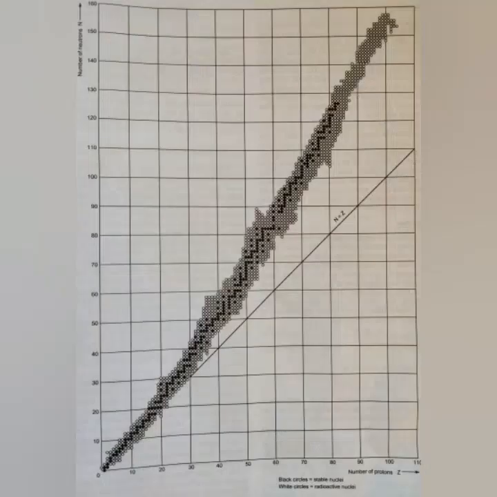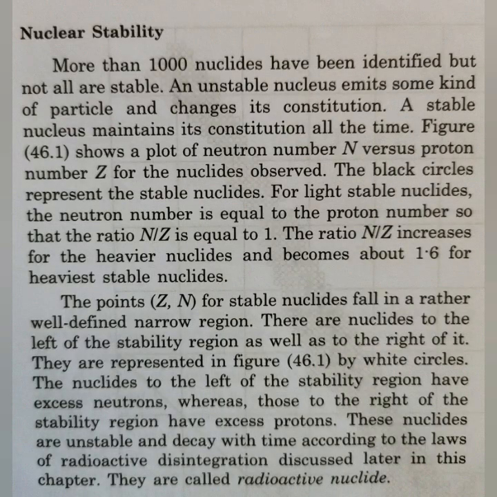Here, the figure shows a plot of neutron number N versus proton number Z. These black dots represent the stable nuclei, and the white dots represent unstable nuclei. From the graph, we can see that for light stable nuclides, the ratio N by Z is equal to 1, and the N by Z ratio increases for the heavier nuclides.